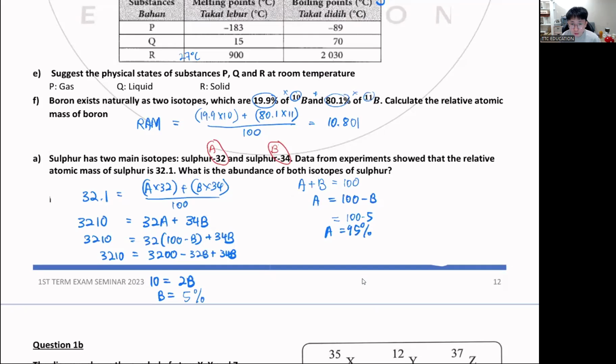So you're going to tell the teacher: the percentage of sulfur-32 is 95%, and the percentage of sulfur-34 is 5%.